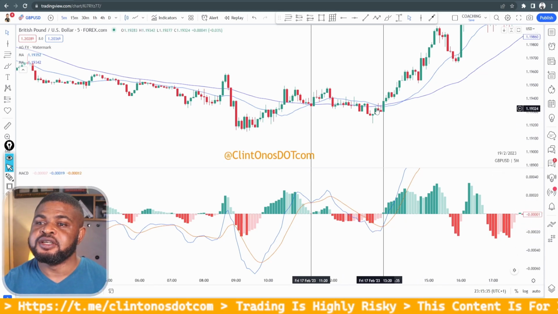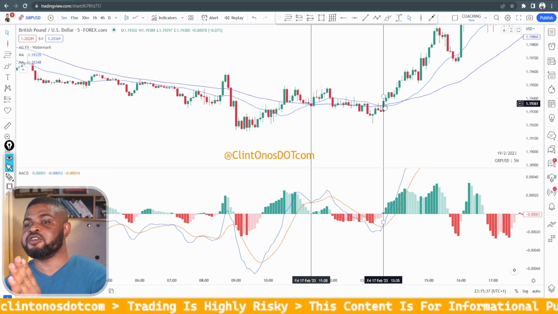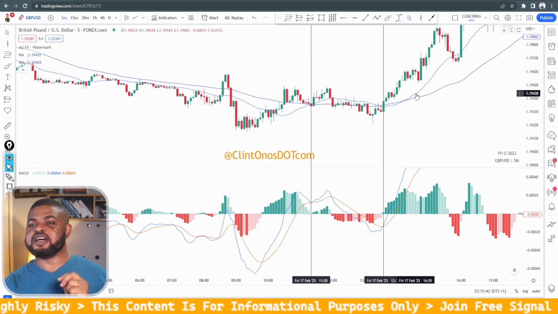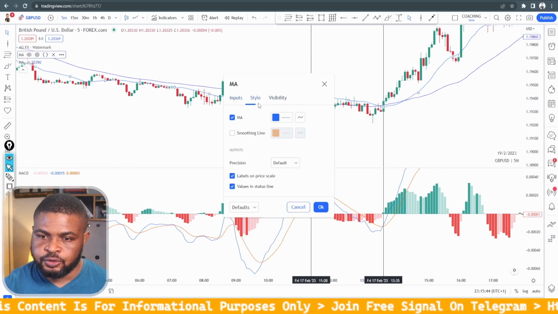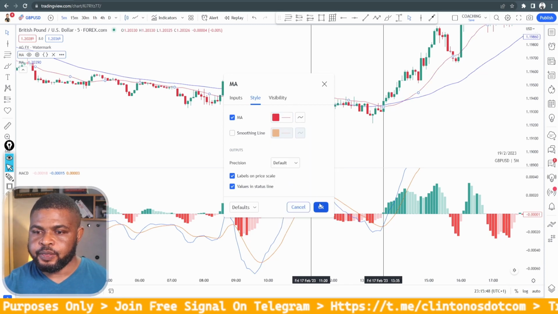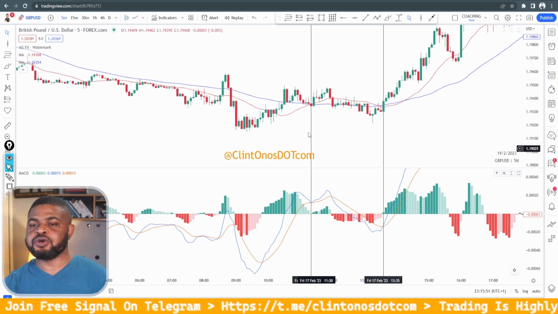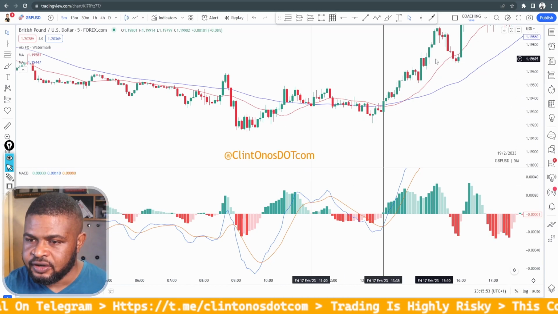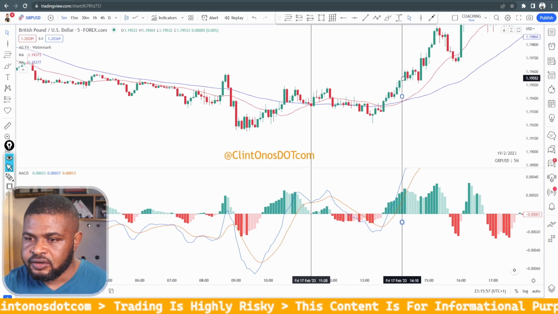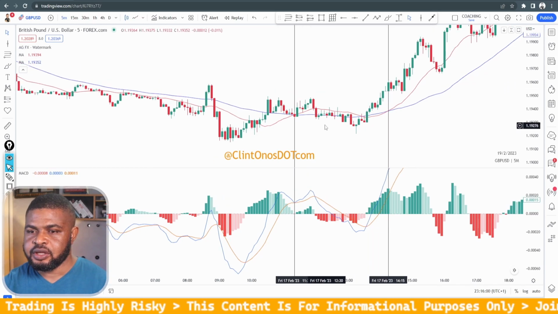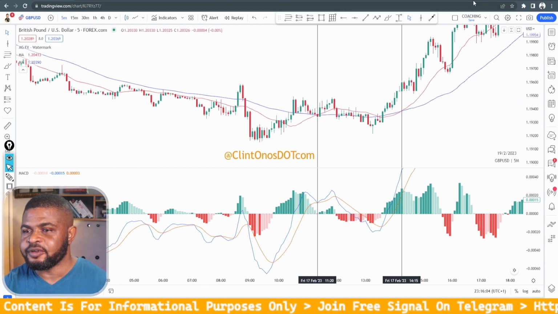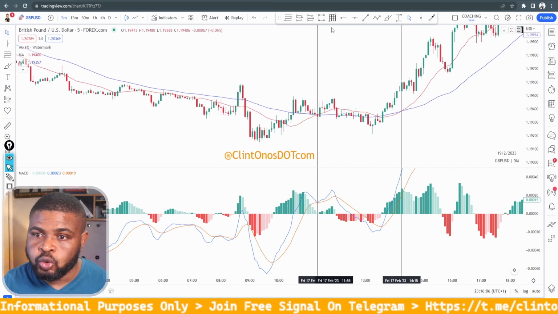Simple, right? Now when you see a crossover in your two moving averages, let me change one of the colors so you know the difference, right? Okay, right there. All right, so now you know the difference. Crossover, right? Crossover here, take a trade, your stop loss here, you are good to go.